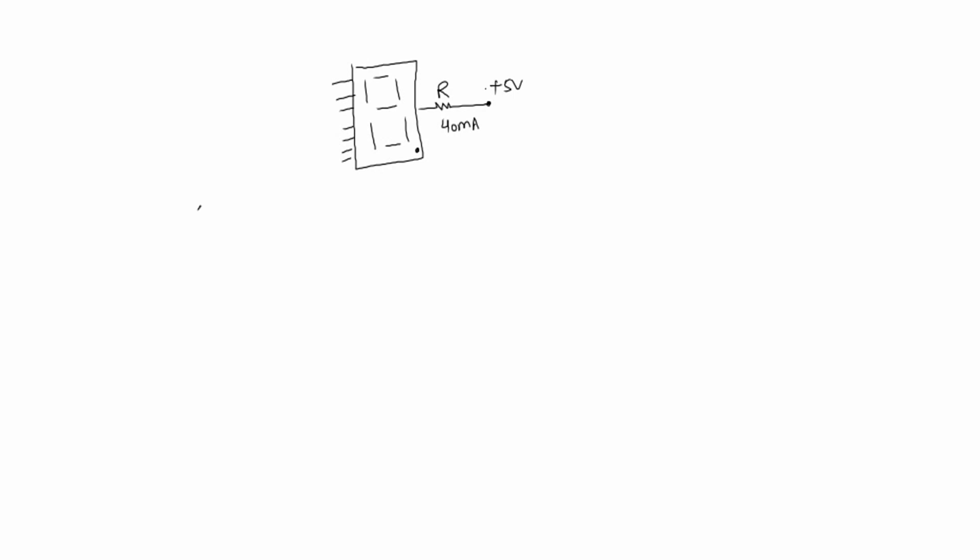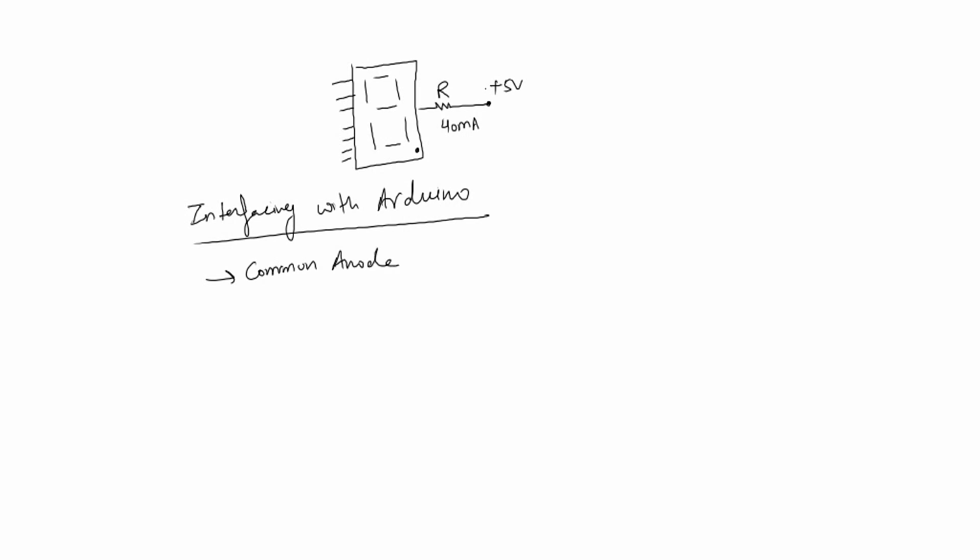Now let's suppose I want to interface it with Arduino, so I can use any one kind of configuration. Let's assume I am taking the common anode type of interfacing, right? Let's suppose I want to display a 0. So how am I able to display it? A to F will be glowing, except G, right?